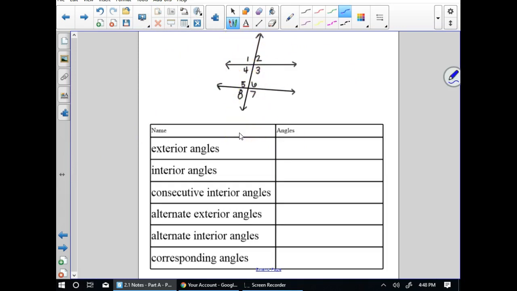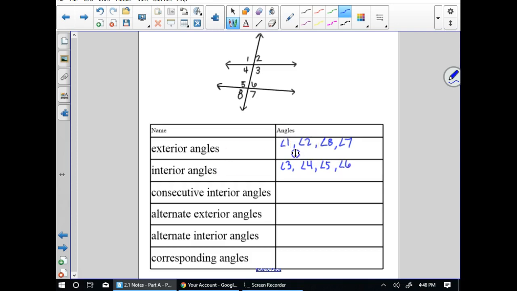For this figure, our exterior angles are angle 1, angle 2, angle 8, and angle 7. All of those are exterior angles. They're on the outside of the two lines that are being cut by the transversal. That makes the interior angles angle 3, angle 4, angle 5, and angle 6.